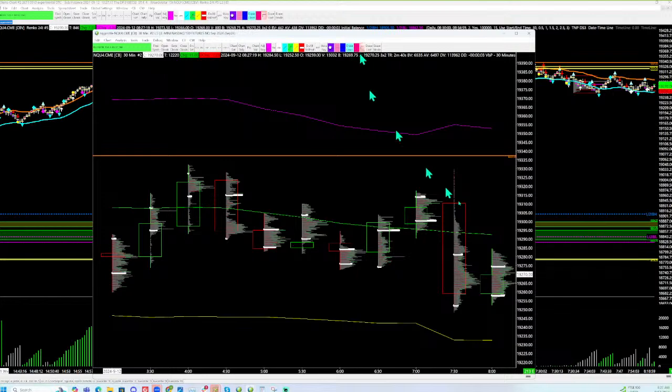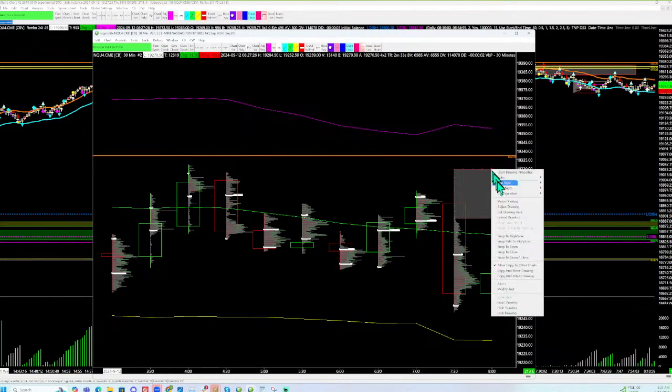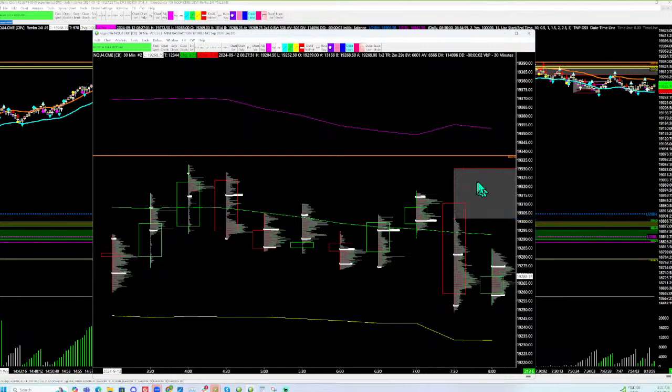I would guess when we get to the end of those single prints, I would highlight it kind of like this. And I'd go, when we get to the end of that, it's going to want to come back in and fill in the volume. And then right here. And that's all I'm going to worry about pre-market, right?